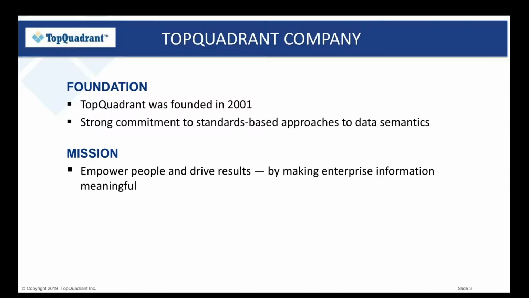Top Quadrant was founded in that same year that the article on the vision of the semantic web was published in Scientific American by Tim Berners-Lee, Professor Jim Hendler, and Ora Lassila. And ever since then, we've been engaged in applying this technology to create enterprise applications and to make enterprise information meaningful.